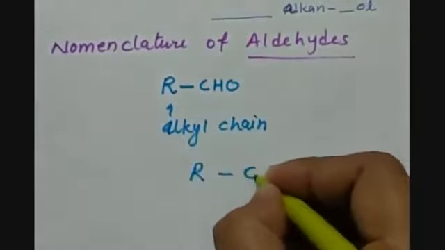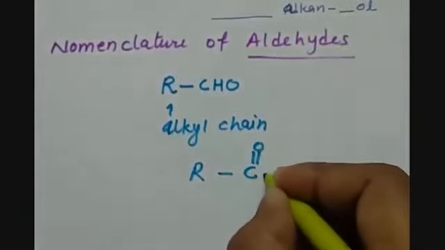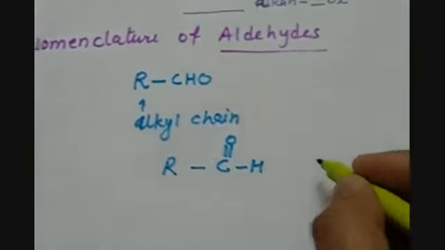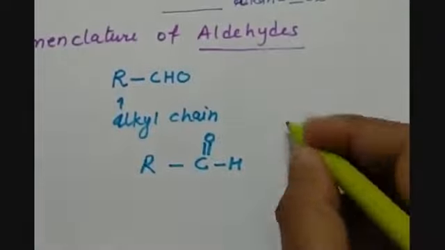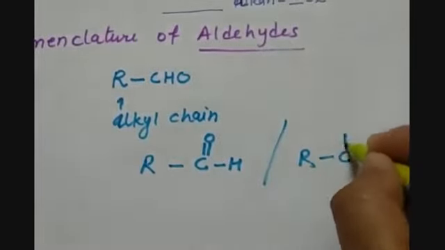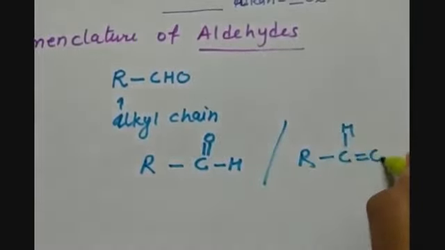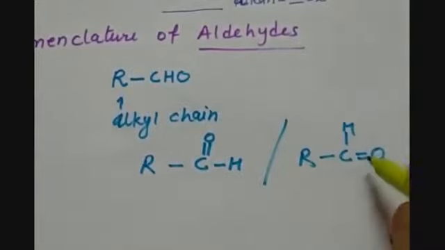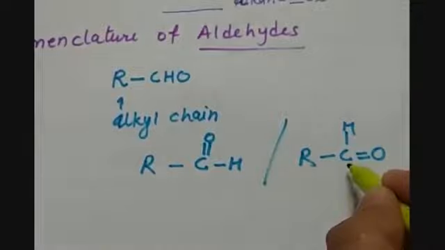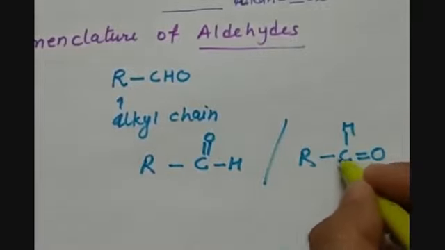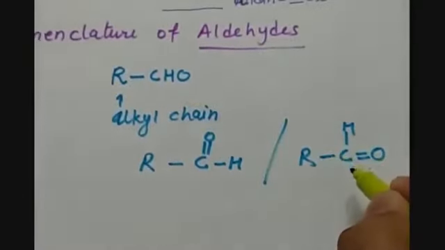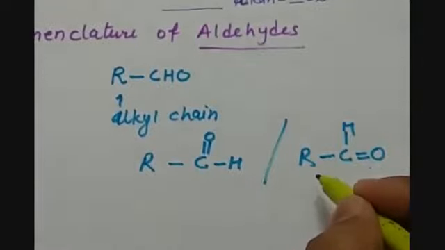R, C double bond O, H, or it can also be written as R, C, H, double bond O. This way we can see that the valencies of the carbon are satisfied, and only this CHO has a single bond to connect with the alkyl chain.